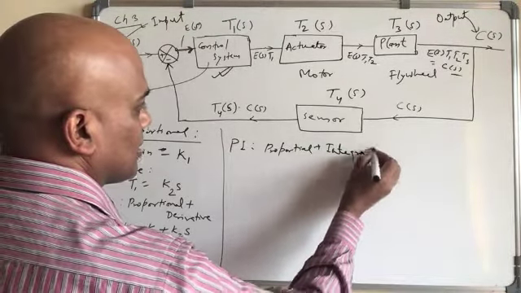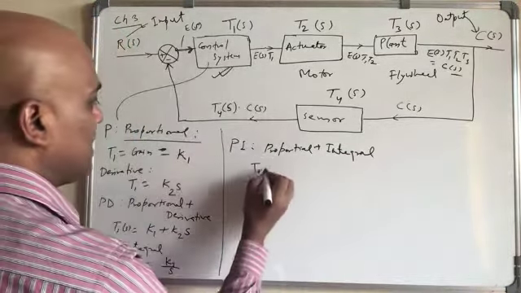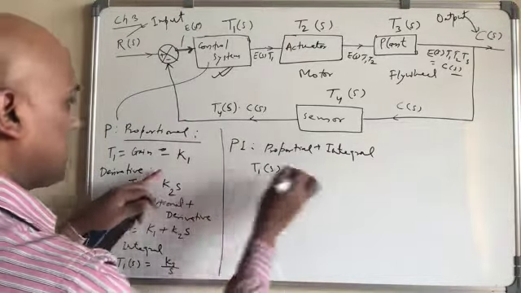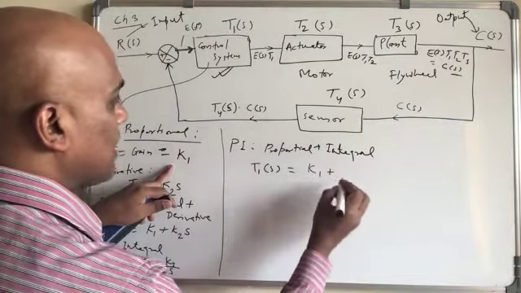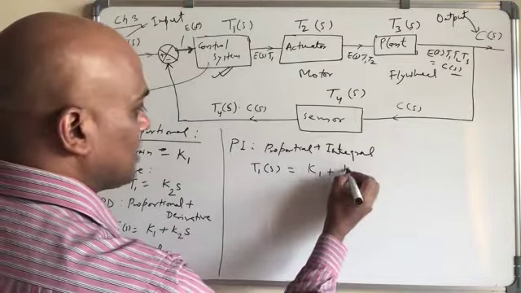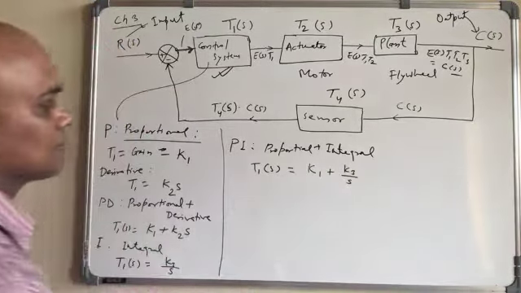In that case T1(S) you can have K1 plus K3 over S.